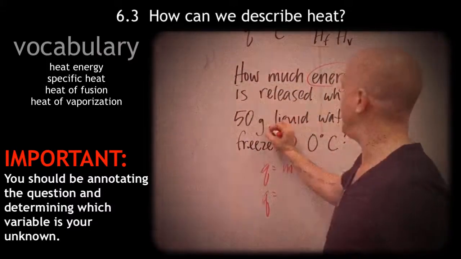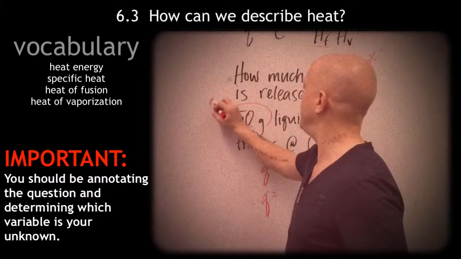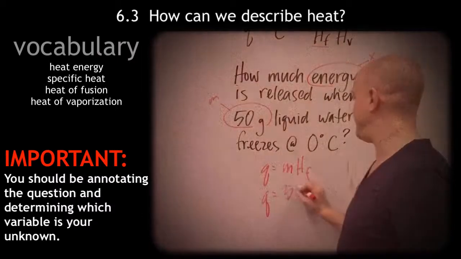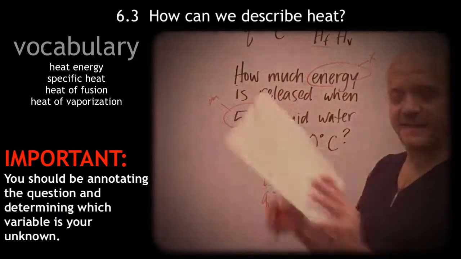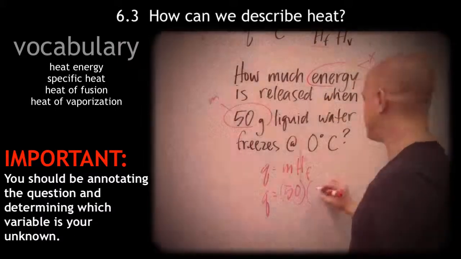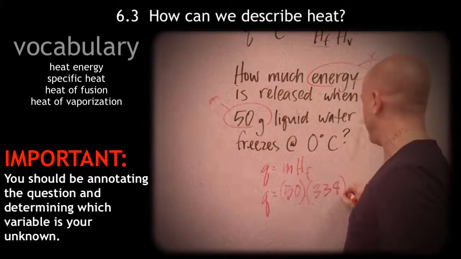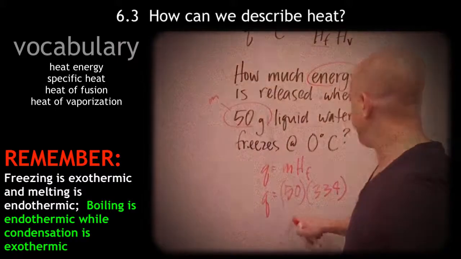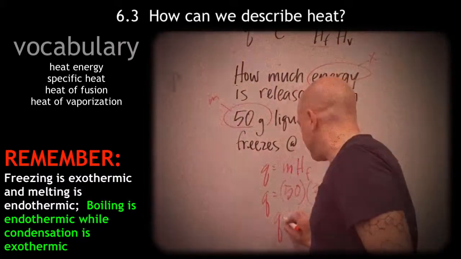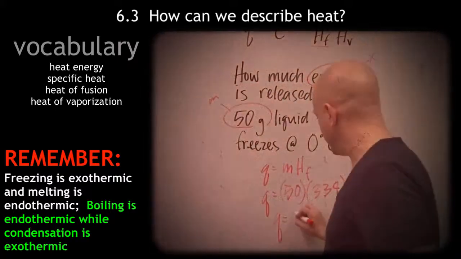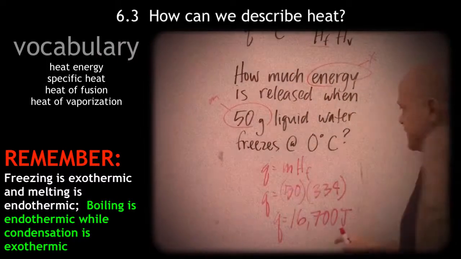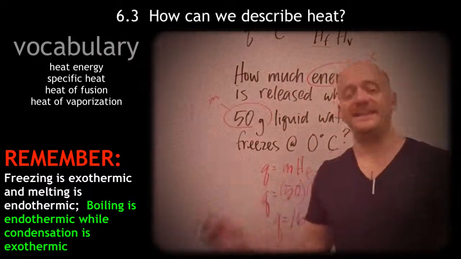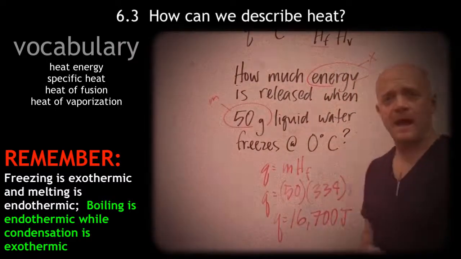Q equals M, which is mass, it's 50, times H sub F. I'm looking at table B for that, which is 334. So 50 times 334, when I multiply that, is equal to 16,700 joules is released. Okay?